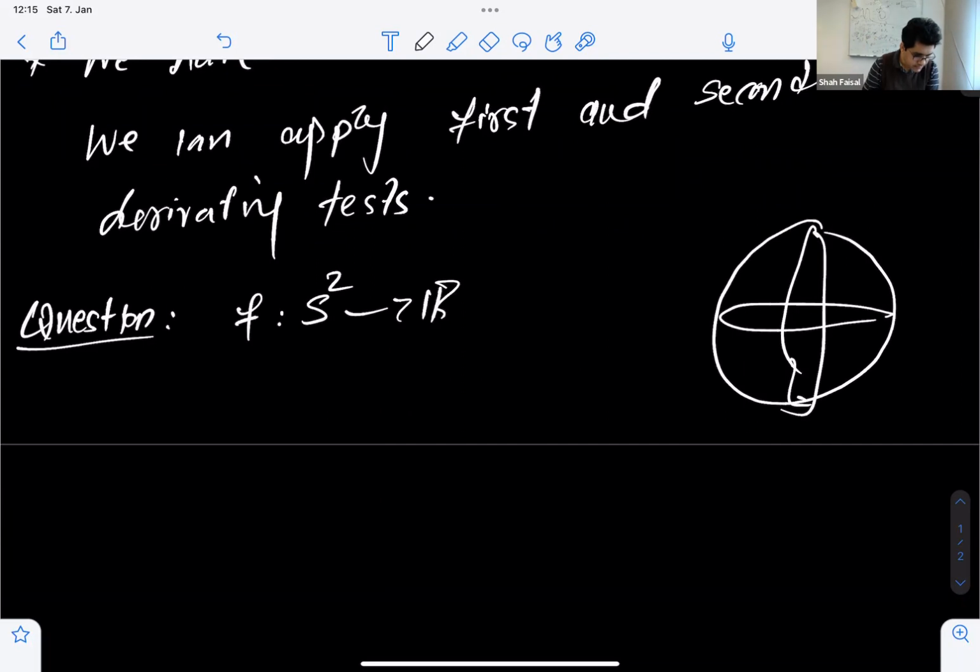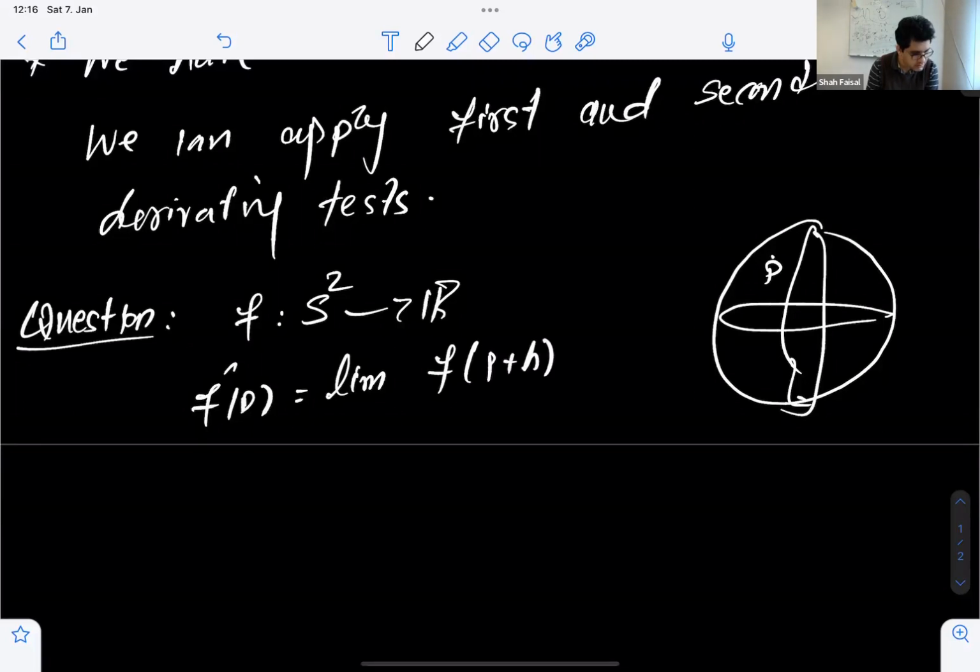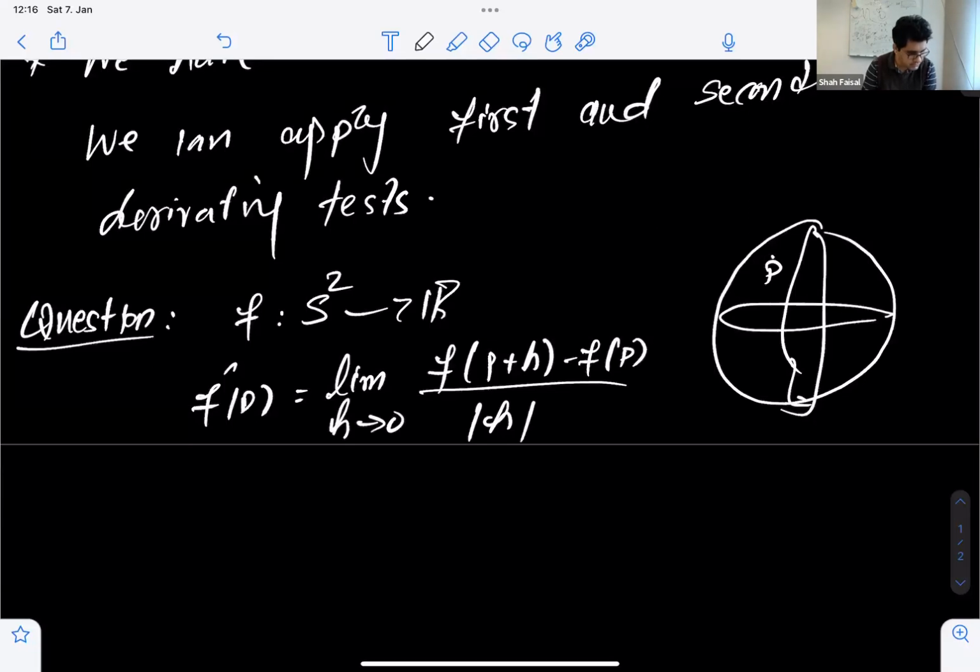And here, if you want to use derivative tests, let's say you want to even define the derivative of F at point P. The usual way is basically to take the small perturbation of F, so this should be F(P+H) minus F(P), divided by the value of H, and then H goes to 0.